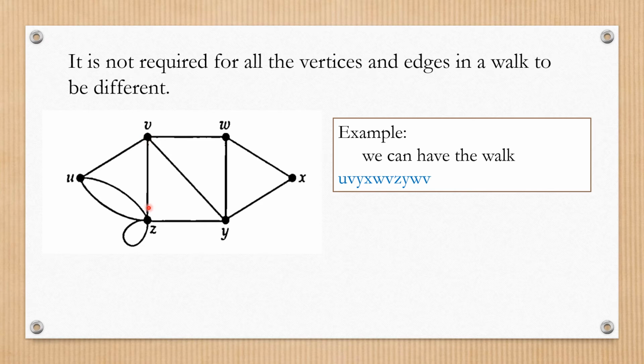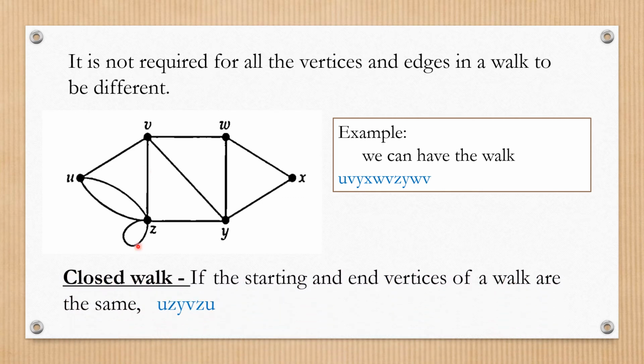And then we want to go to Z, then Y again, then W, then V. So we pass by some of the vertices twice and some of the edges twice. It's okay for us to have this kind of walk, where we use the same vertex and the same edges more than once.